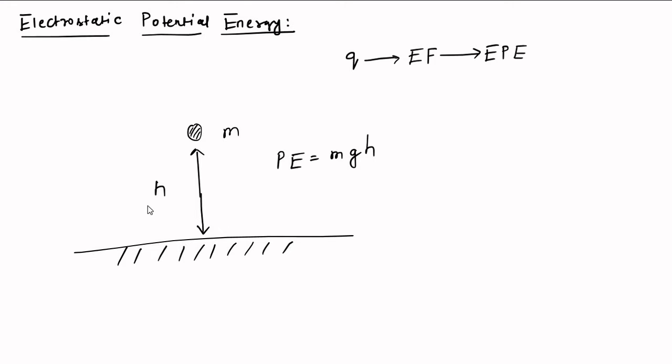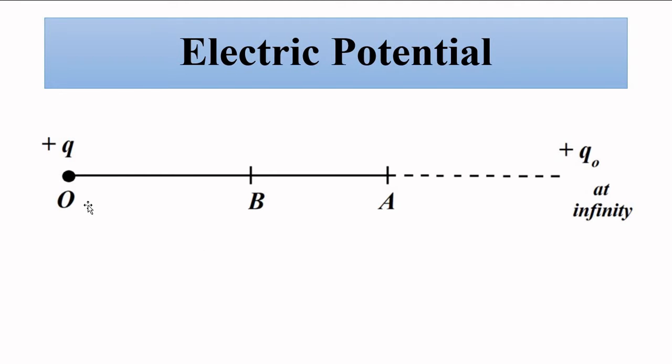Okay, so in order to understand this concept, let us say we have a point charge, plus q, a positive charge, located at O, and then we have a test charge q0 located very far away from it, theoretically at infinity.